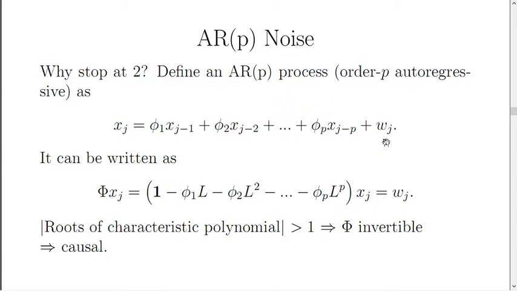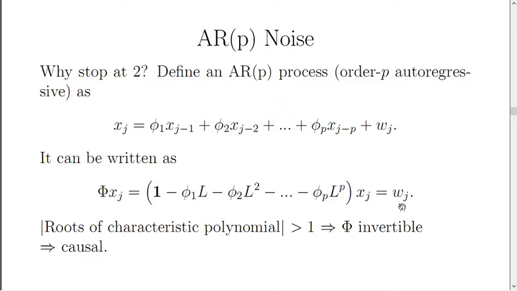And at the end, we'll tack on white noise so as to make the whole thing stochastic or random. Once again, we can write this in terms of the lag operator and use it to define an autoregressive operator of any order P that we want. And the defining property is that that autoregressive operator, when operating on the data, gives us a white noise process.